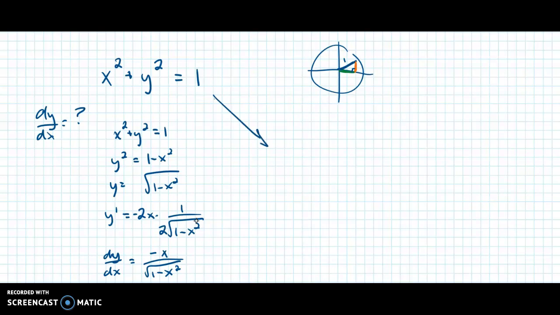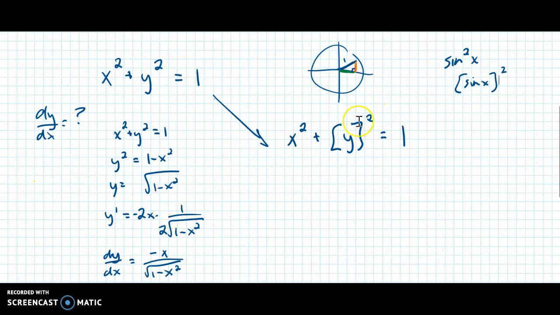So the first thing I'm going to do is write it a little bit differently. I'm going to write it as x squared plus y bracketed squared equals 1. Why do I do this? Because when we learned how to take the derivative of sine squared x, we wrote it as bracket sine x squared, and that helped us see the chain rule.